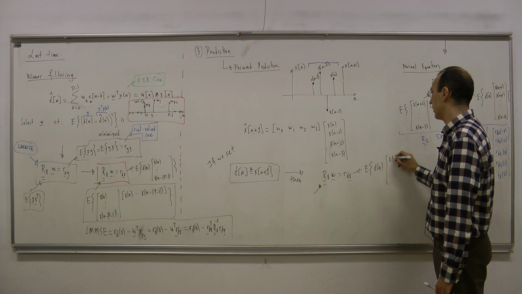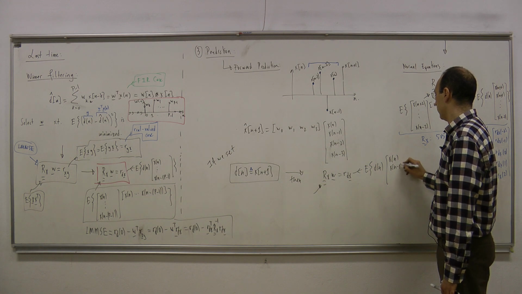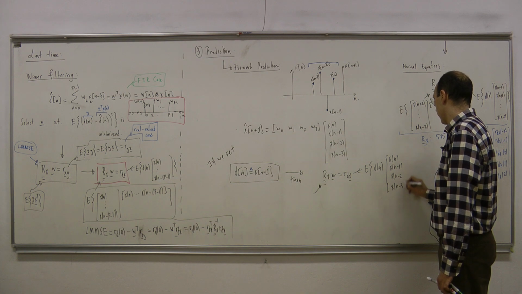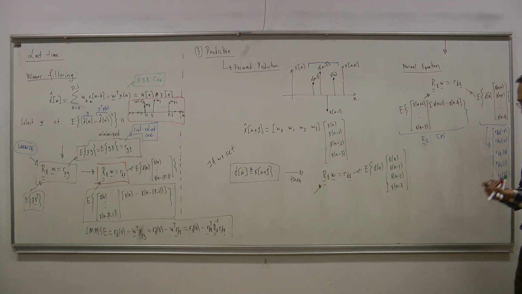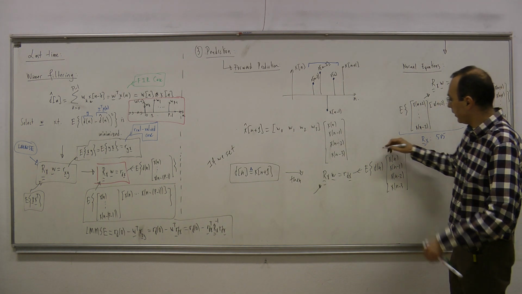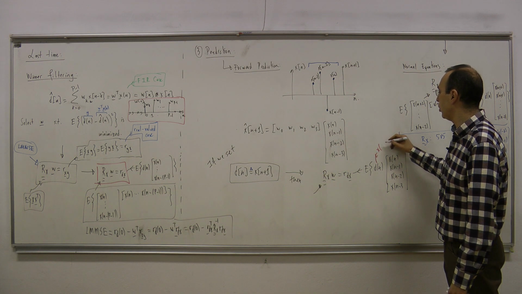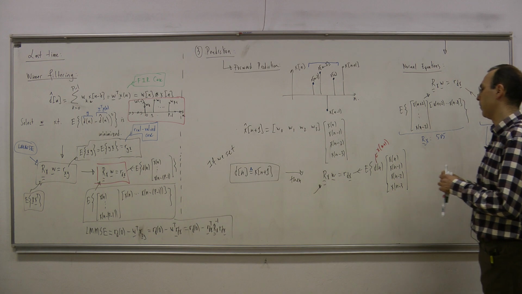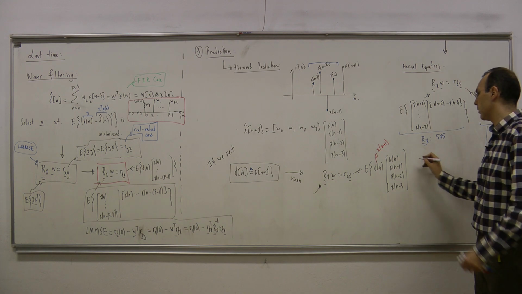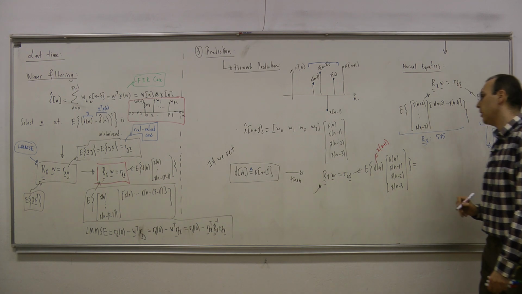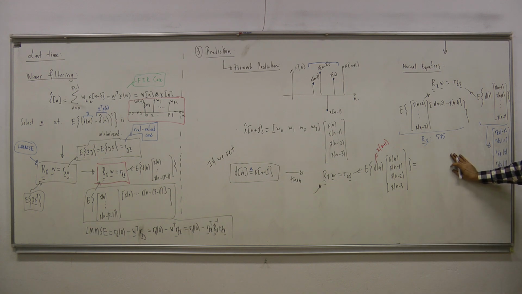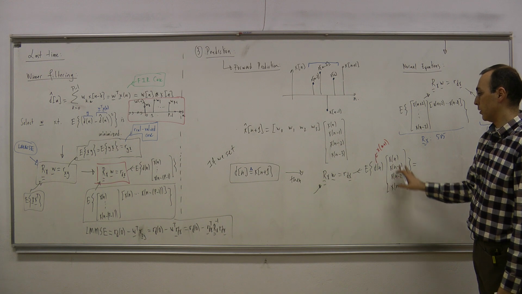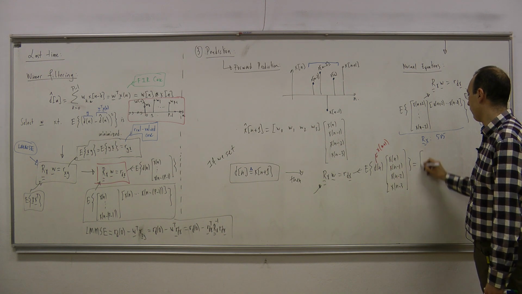But let me write this. Okay, something like that. So what is my d of n right now? d of n is x of n plus 1. If I have x of n plus 1, then for real valued processes, there are no conjugates essentially over here.